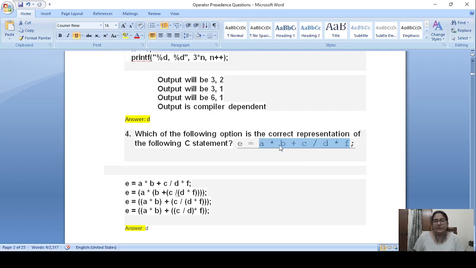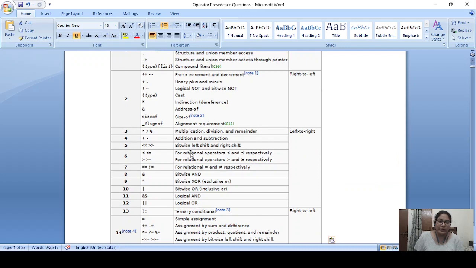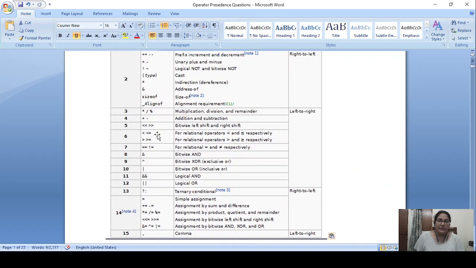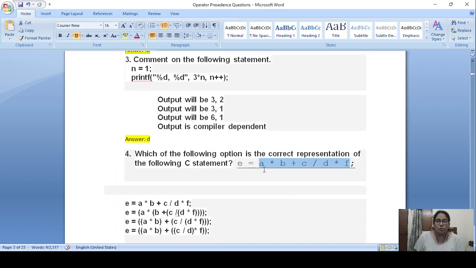Then the machine will start working and come to A. The machine will see that A has two operators with it, that is equal to and multiplication. Multiplication has higher precedence than equal to, so in its code it will see multiplication is here and equal to is here. Multiplication has higher precedence than equal to, so this A will go with multiplication.